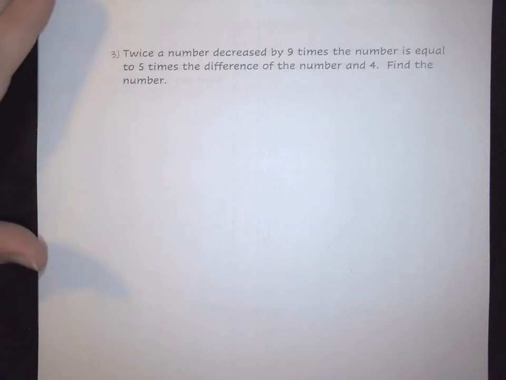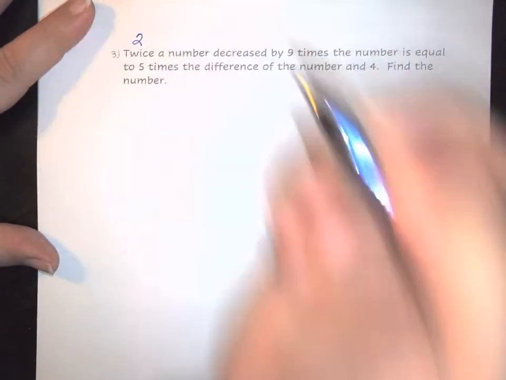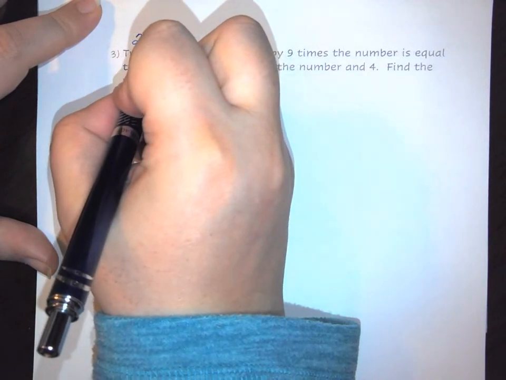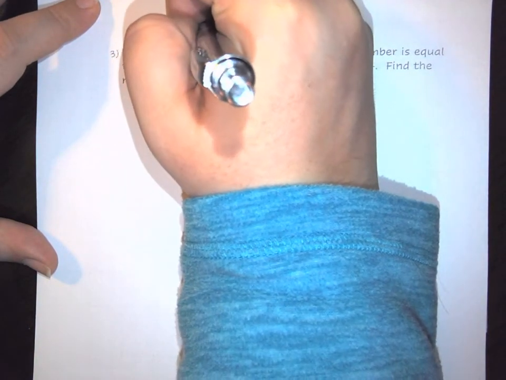First thing here, I have the word twice. Twice is going to be the same thing as multiply by 2. A number is going to represent the variable, whatever variable you choose.